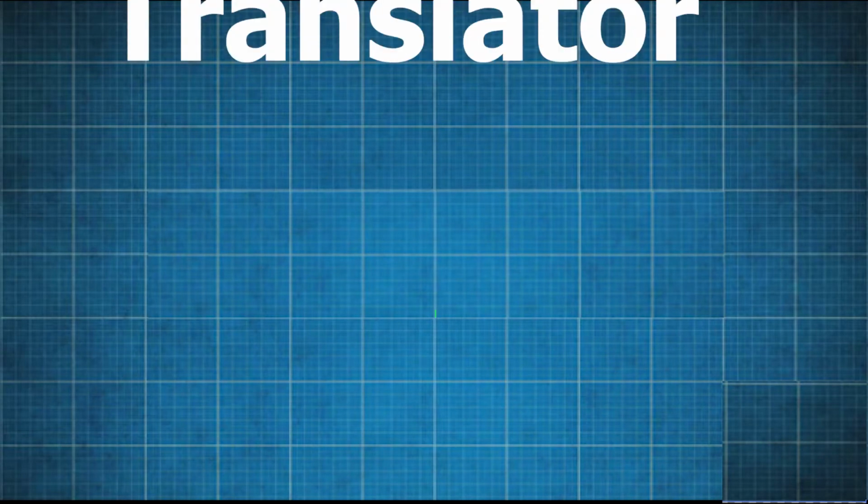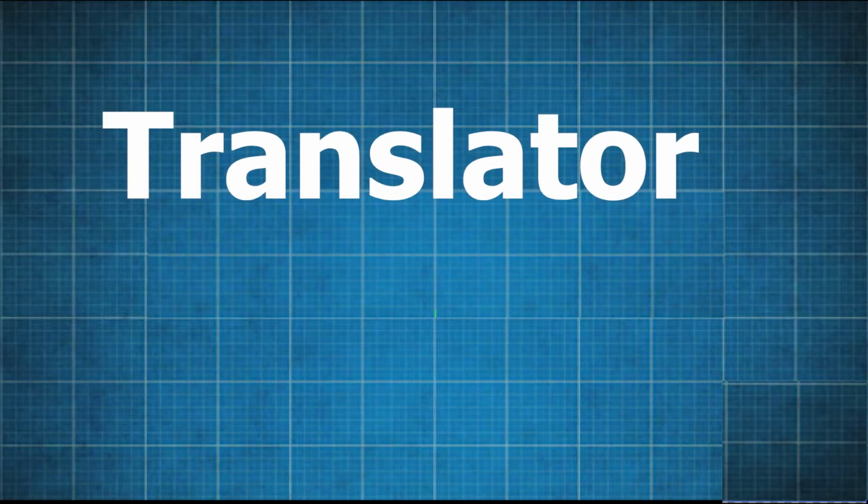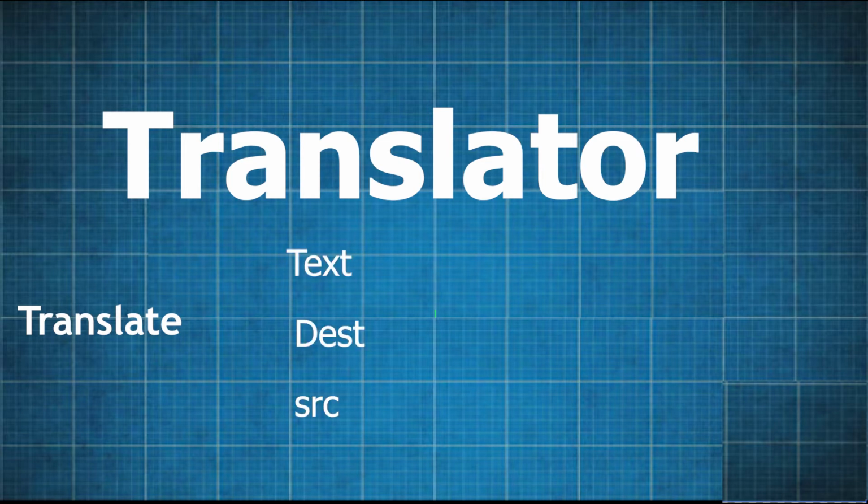Everything in the Google Translation library relies on Translator, which is the object that has a bunch of different functions and parameters. One of them is translate, and that's how you do most of your translation. It has parameters: the text, the destination, and also the source language.